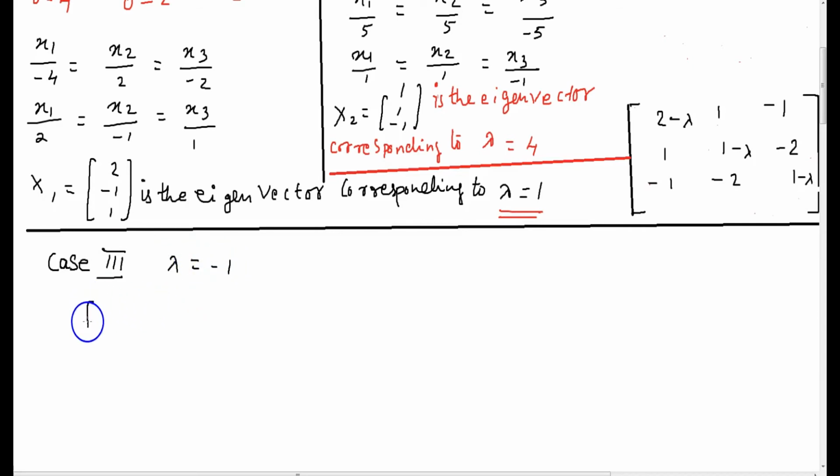Lambda equal to minus 1, subtract the value of lambda from diagonal elements, we get the matrix as 3 minus 1 and the second row as 1, 2, minus 2.